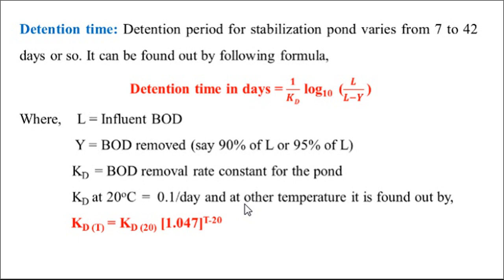This formula we have already seen in the first unit. By using it we can find the deoxygenation constant or BOD rate constant at different temperatures. Next slide.